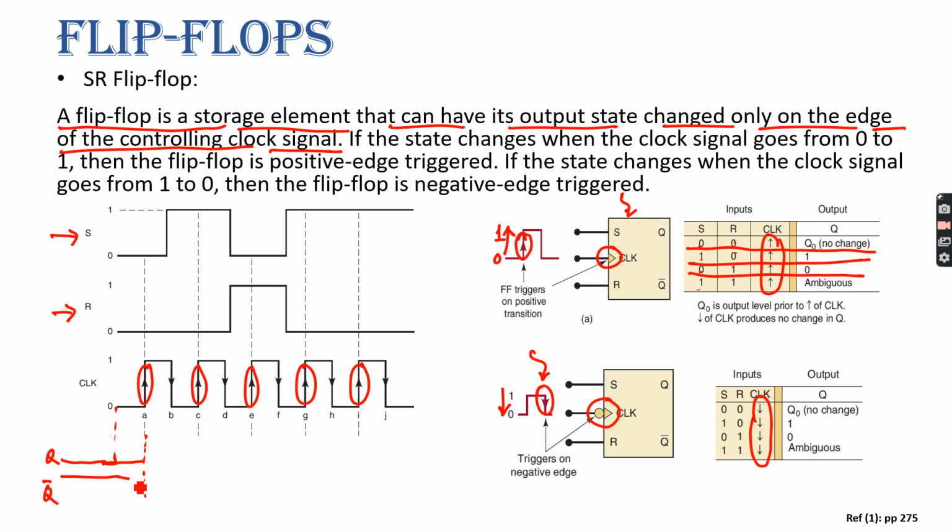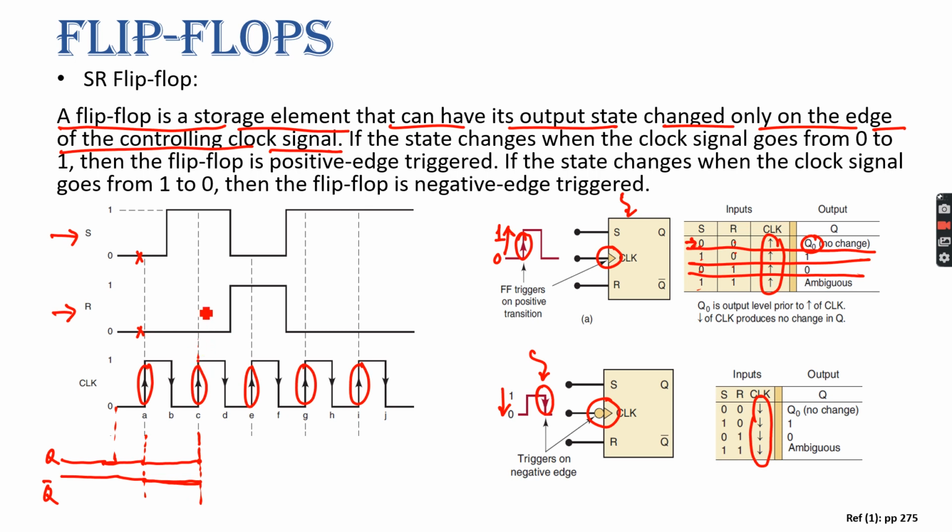Just before the first positive clock we have to see what was the value of S and R. What is the value of S and R? 0, 0. 0, 0 means no change. No change means Q will remain 0 until the next positive clock, and Q bar will remain 1 until the next positive clock.